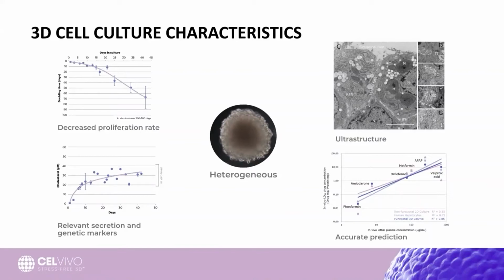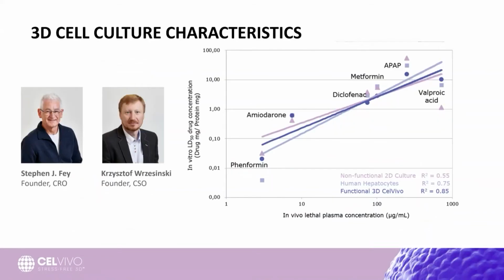I just want to show you what an accurate prediction means and what I think about it. This data was made by Christoph and Steve, and what they wanted to test was how accurately a 3D cell culture model cultivated in CLINOSTAR could predict the toxicity of these 6 commonly used drugs.